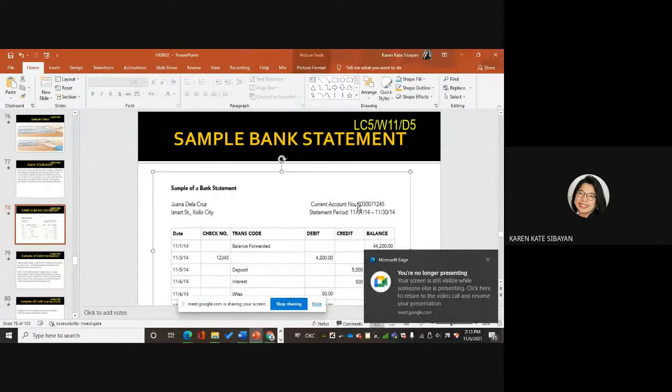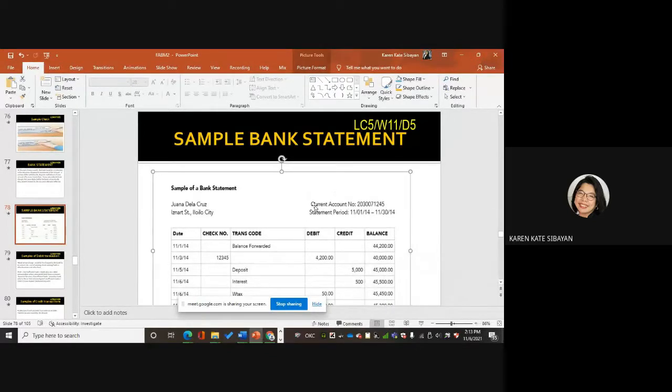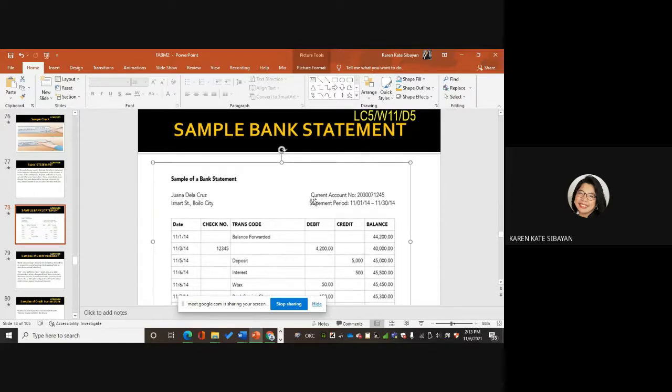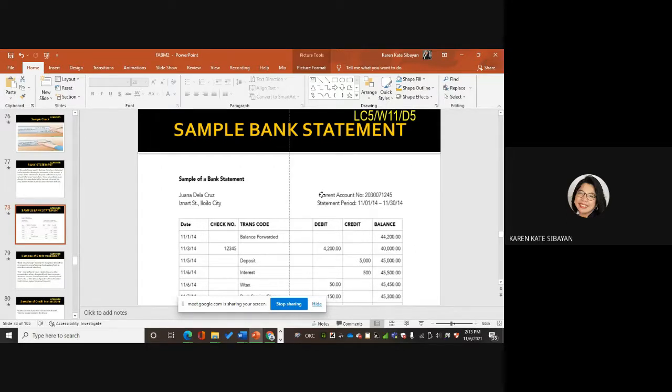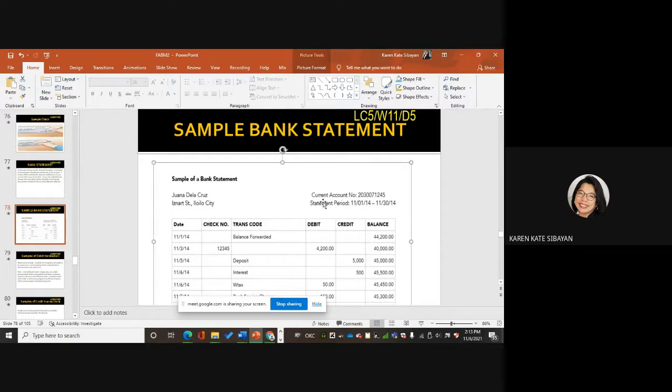These are the account number. And we have two account number. It can be current account or savings account.